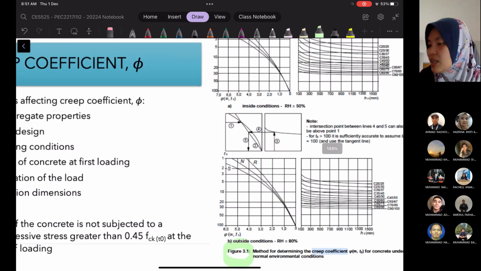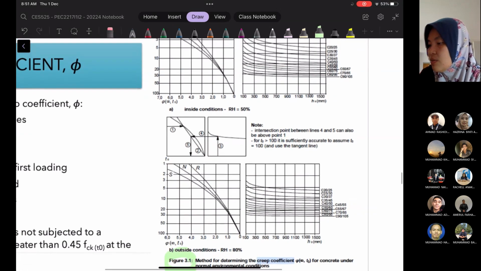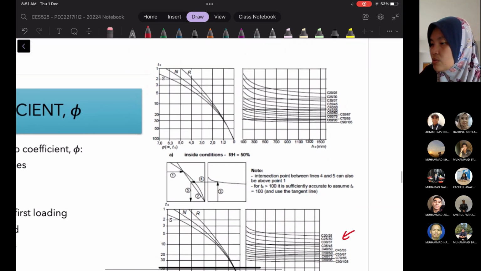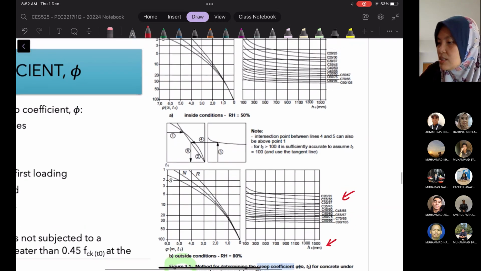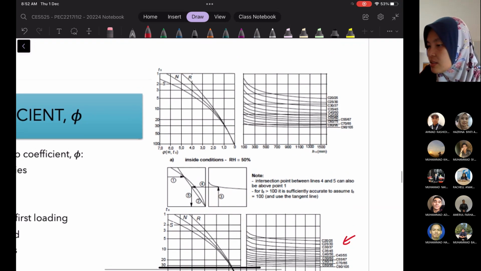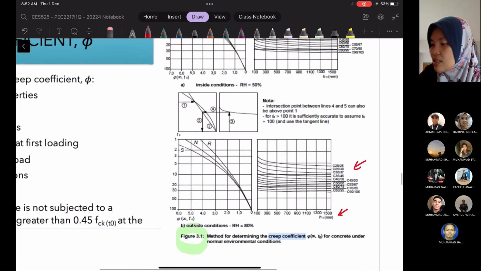If we zoom in, basically we will look at everything. We look at the grade of concrete. So this is for the grade of concrete. Then we are going to look into the height of our structure, the dimension of our structure. What else is here? We have two cases.